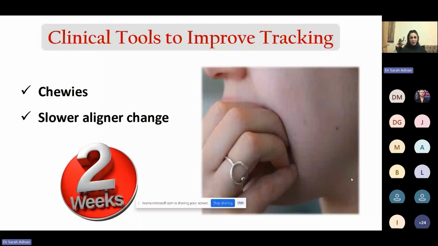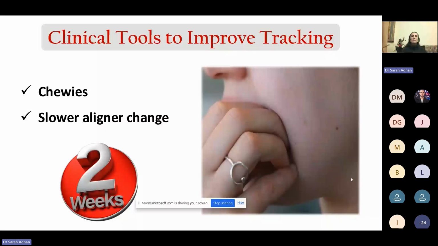Also, another important tool to improve tracking is slower aligner change. I personally prefer slower aligner change. I do aligner change every 2 weeks because I believe what you gain quickly, you lose quickly. I don't recommend changing the aligner every week or 10 days, rarely 10 days.